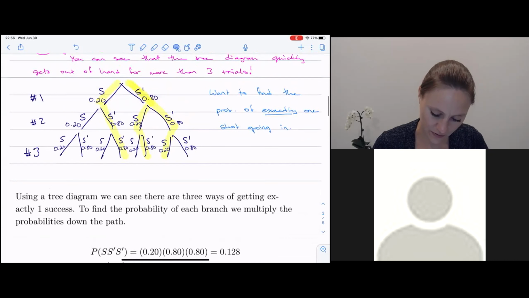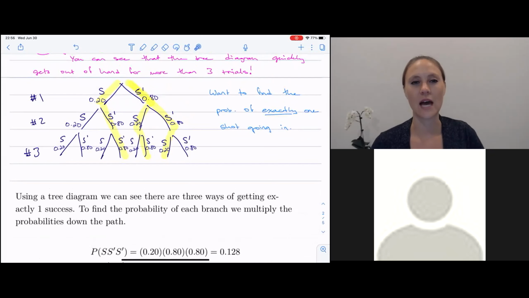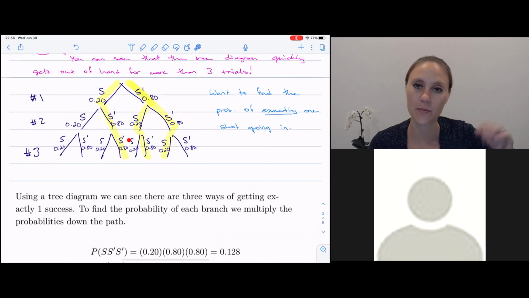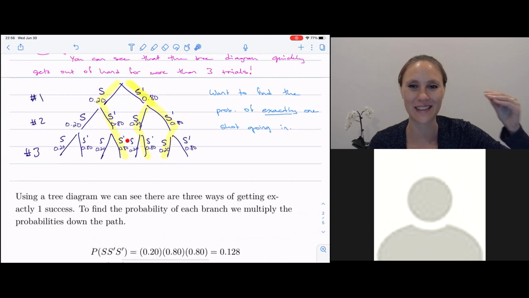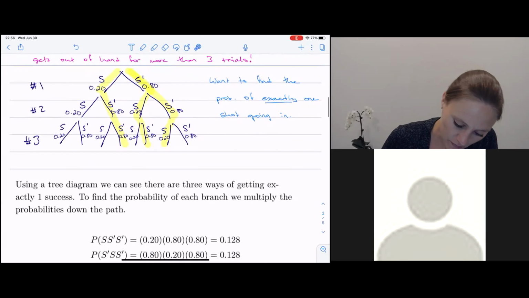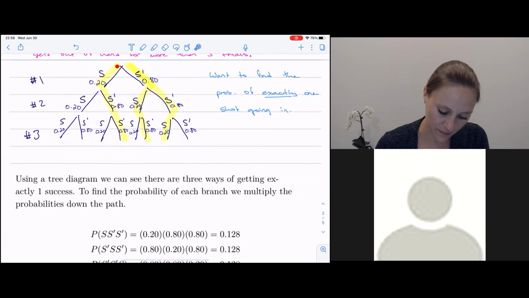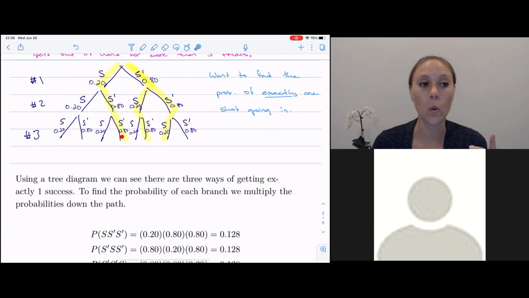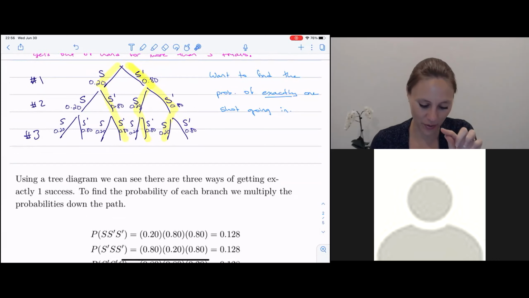Notice that what happens is that because the successes and the failures all have the same probability, or the probabilities stay the same throughout, the order doesn't actually matter, but we need to take the different orders into account. So it could be this first branch, or, and remember, to get the probability at the end of a branch, you multiply down, right?